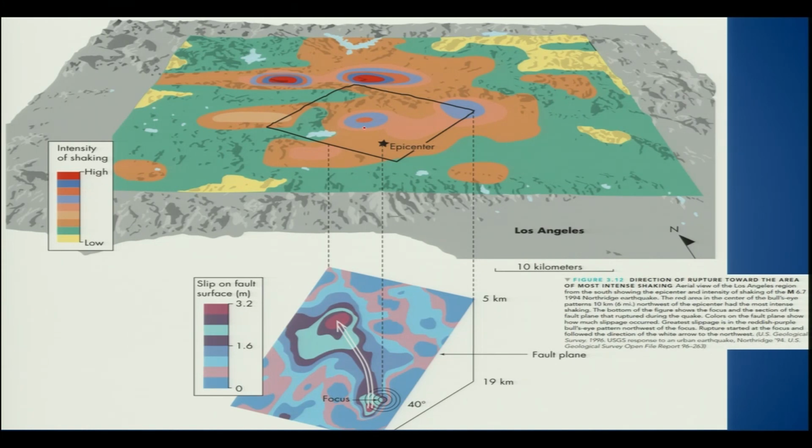What will be the intensity of shaking at a particular location? As I have been emphasizing, this will depend on the geology of the area. Different materials within the earth crust will have different ground acceleration. This is what has been shown here, with the red over here.